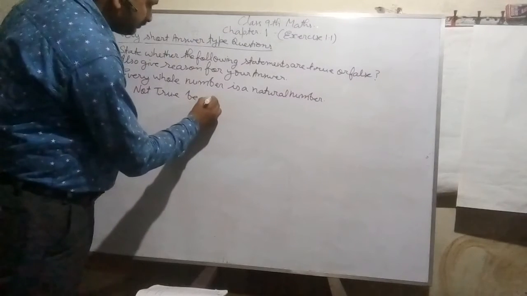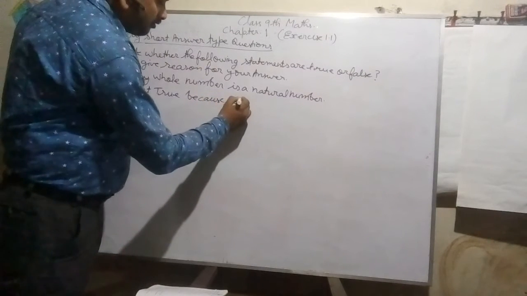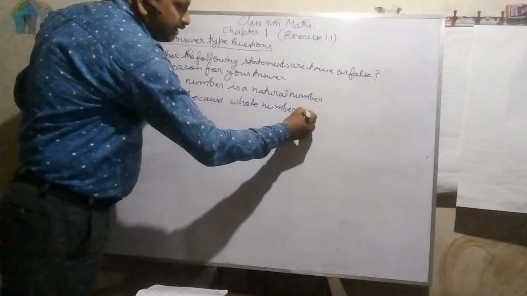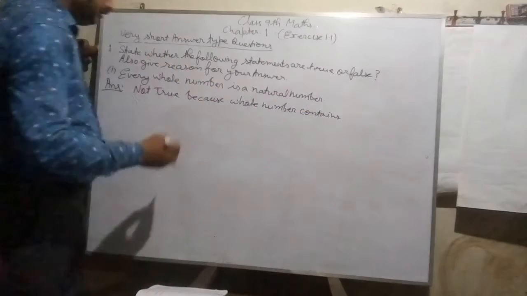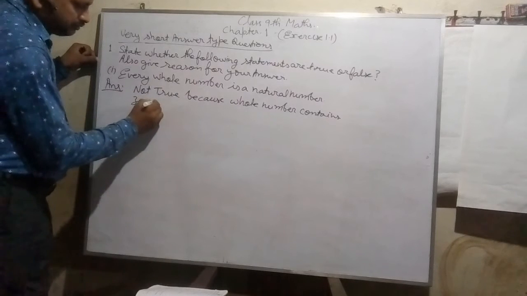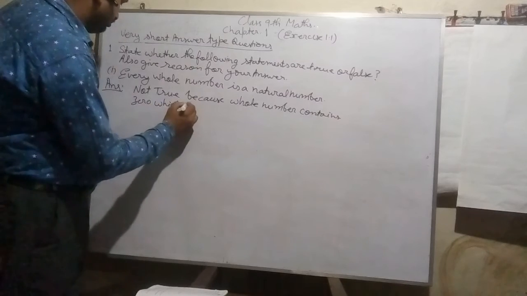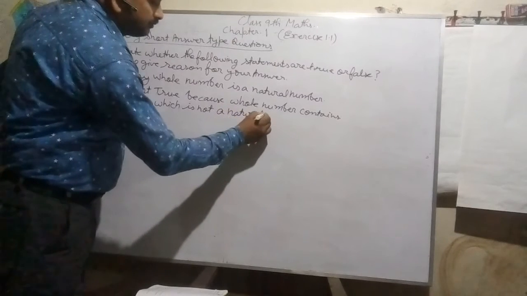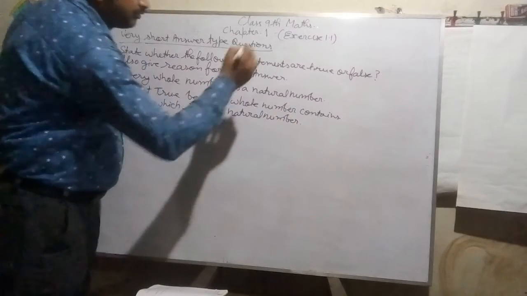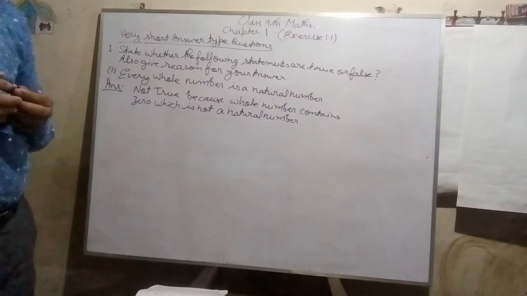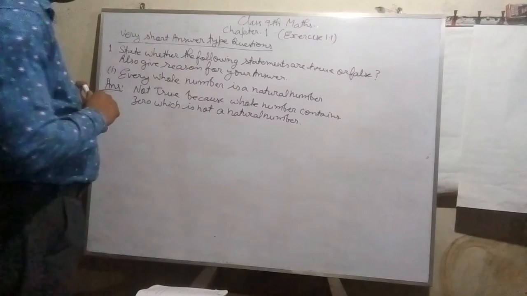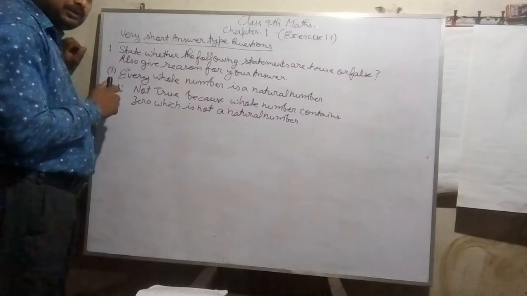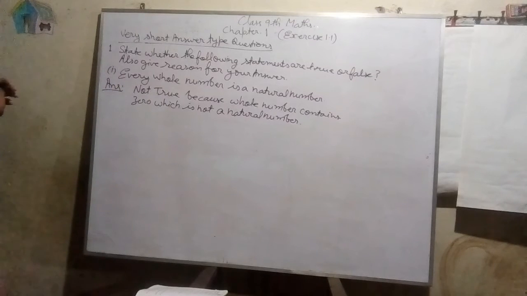Not true because whole number contains zero, which is not a natural number. क्योंकि जीरो जो है एक होल नंबर है, वो नेचुरल नंबर नहीं है, इसलिए हर एक होल नंबर हमारे जो है नेचुरल नंबर नहीं, एक्सेप्ट जीरो, ऑल होल नंबर्स are natural numbers.